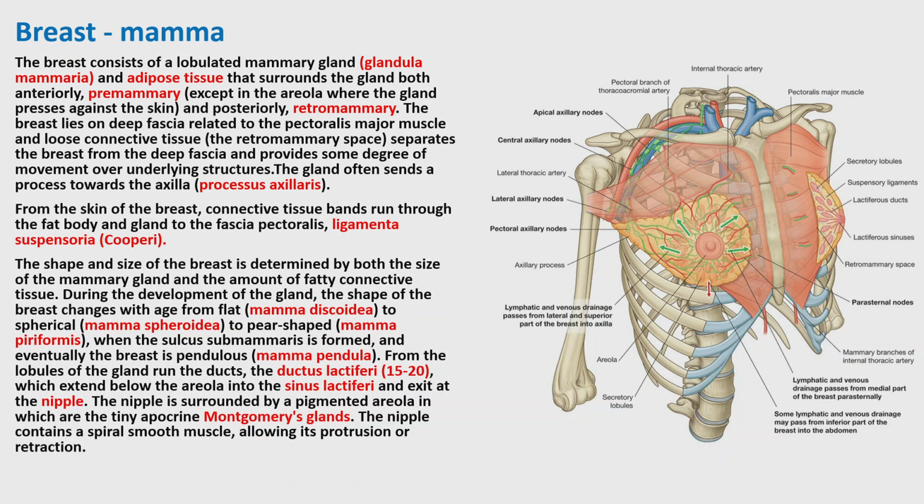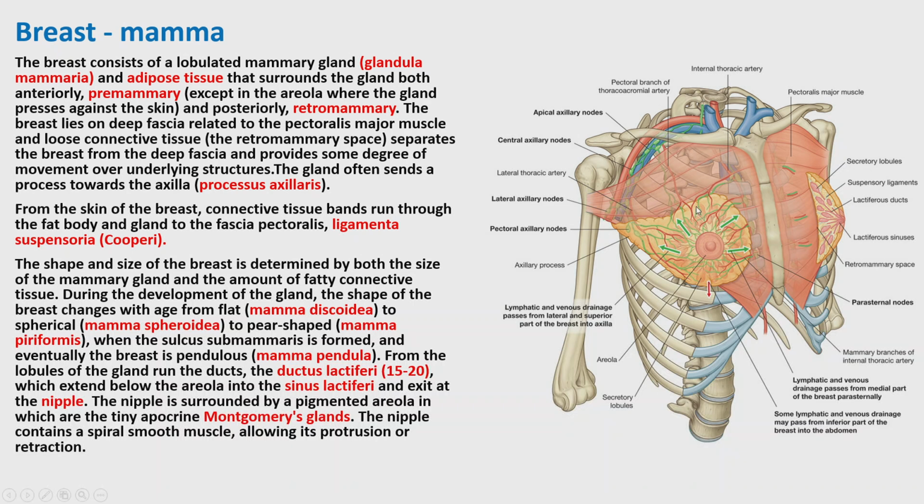Another region of the thoracic region is the breast or mamma. This breast, as you know, consists of lobulated glands that are called the glandula mammaria, and a lot of adipose tissue.